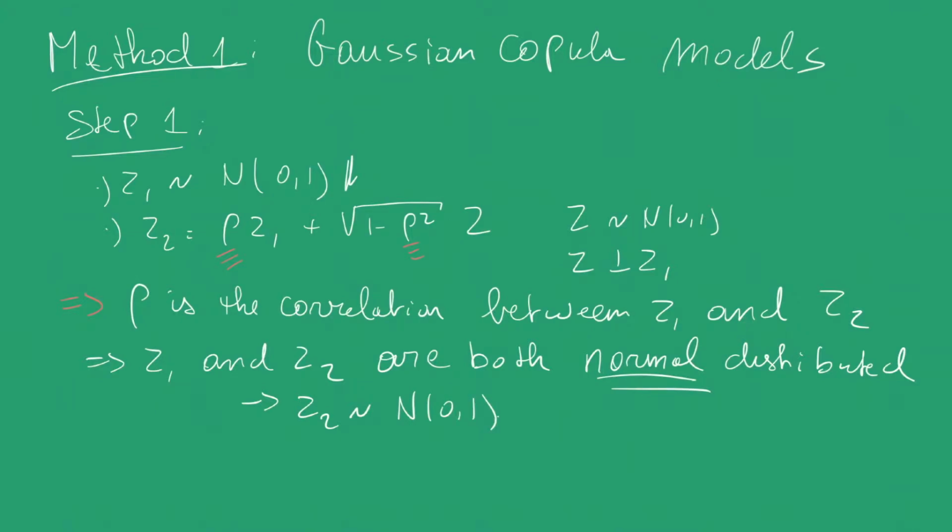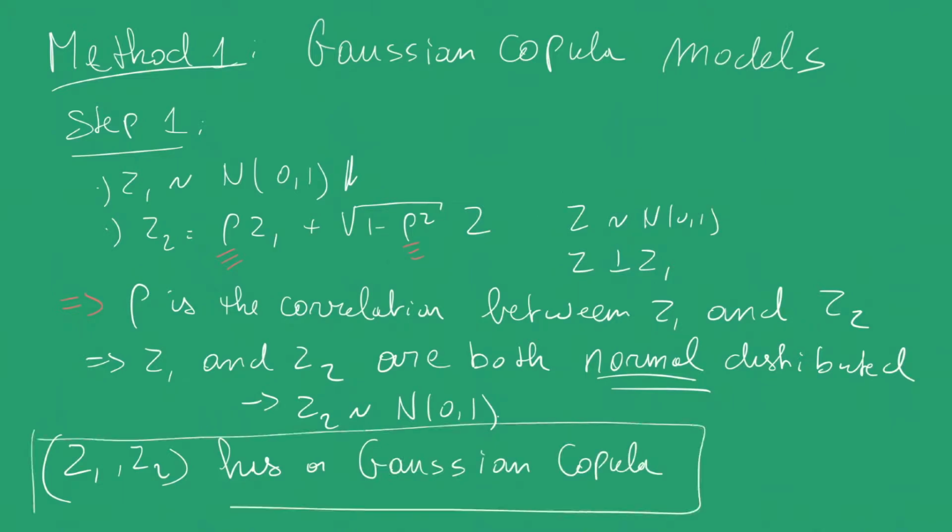So what we created is a random vector z1, z2, where the marginals are standard normal and the copula is a Gaussian copula. This means that z1, z2 has a bivariate normal distribution. So normal marginals, Gaussian copula.